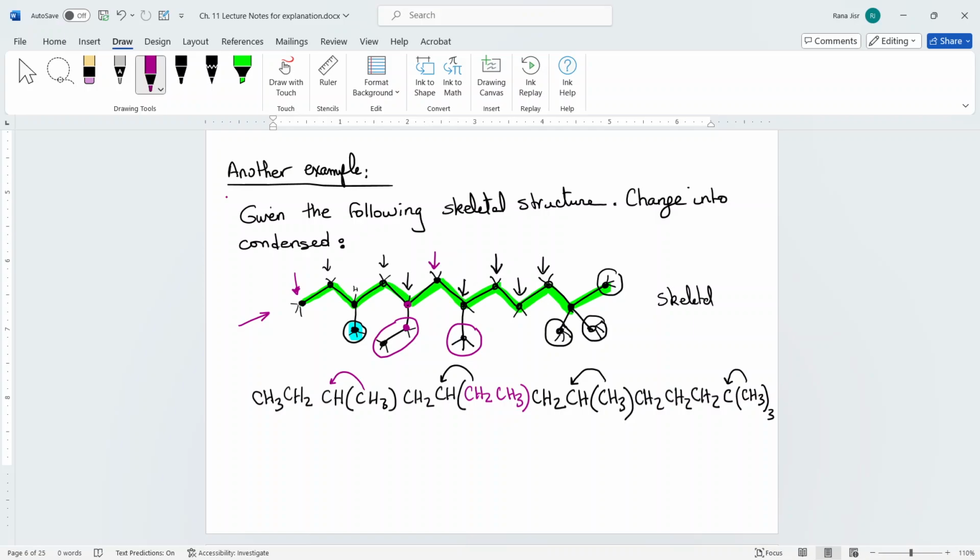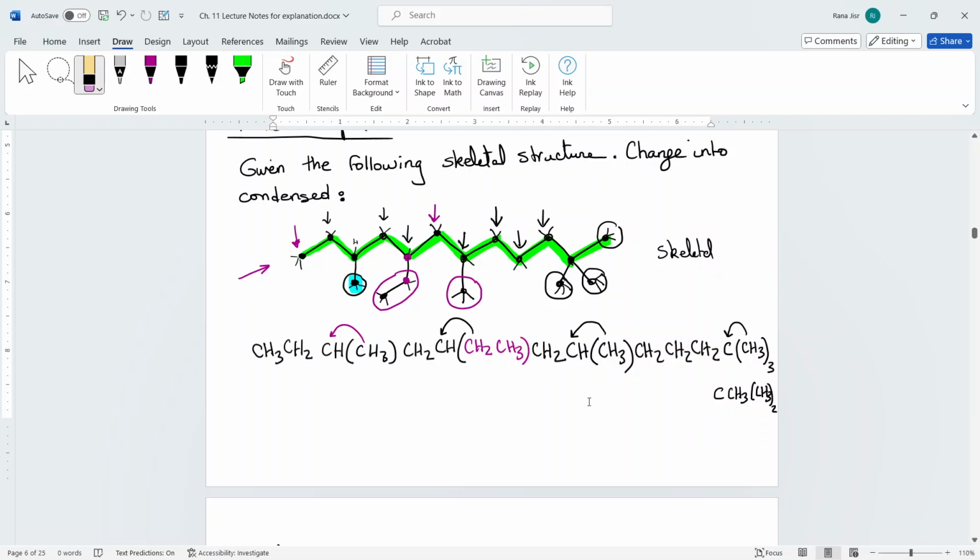This means that it's coming off that. I can do this, or I can do a C, a CH3, and then two CH3s there. Whatever you want. Now, which one do I prefer? I prefer always to group the groups that are the same together.